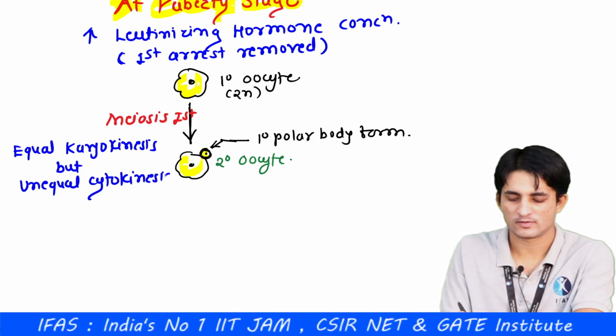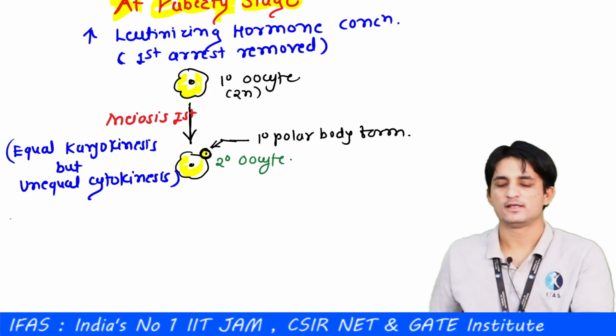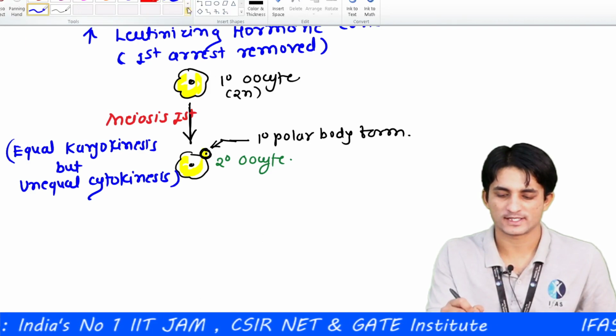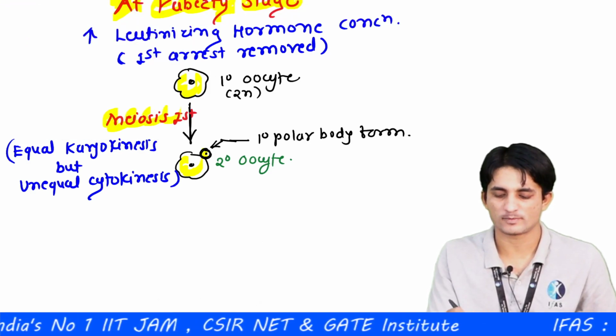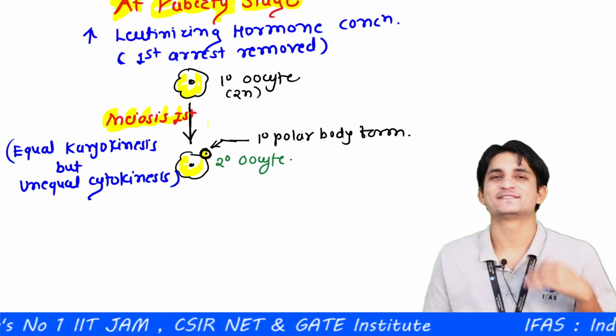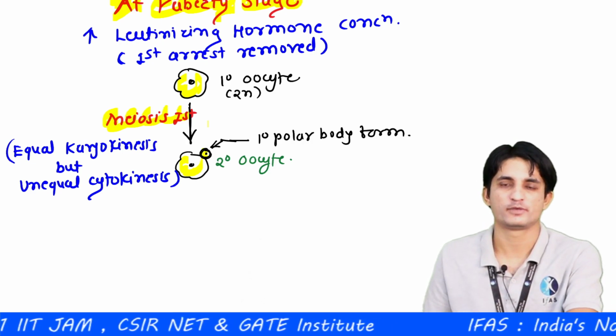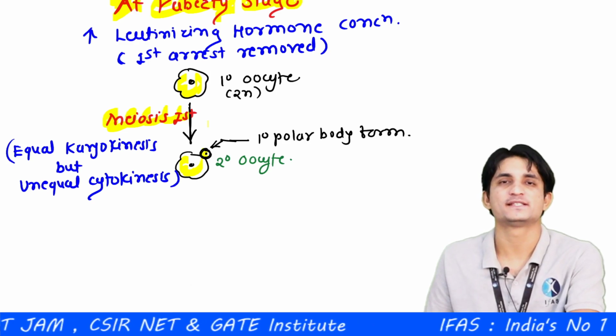So this is the formation of the primary polar body, and the small cell gives its cytoplasmic content to the large cell, because here one single egg is formed.